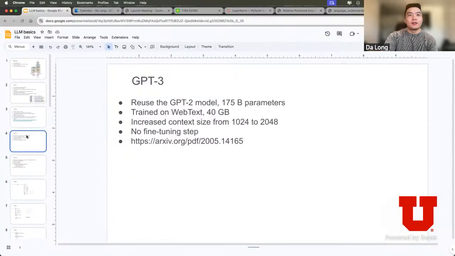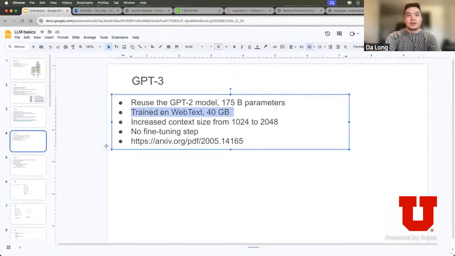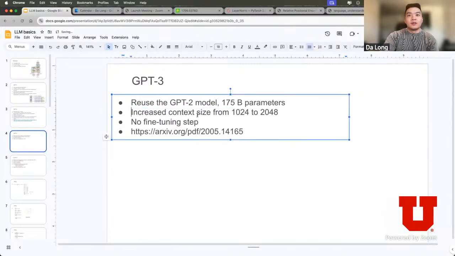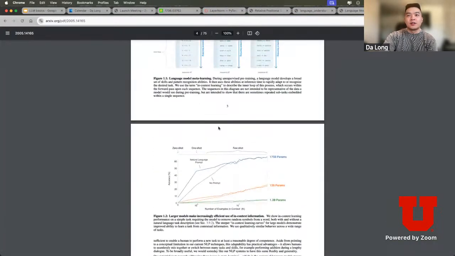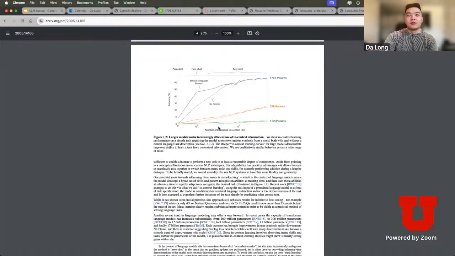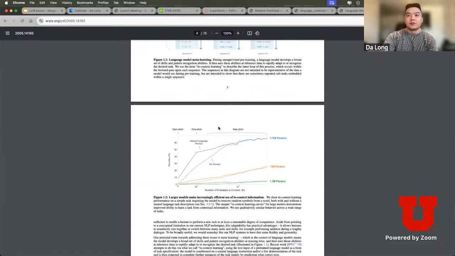They also increased the context size from 1024 to 2048. So in this paper, the structure is the same, but they just increased the model size.